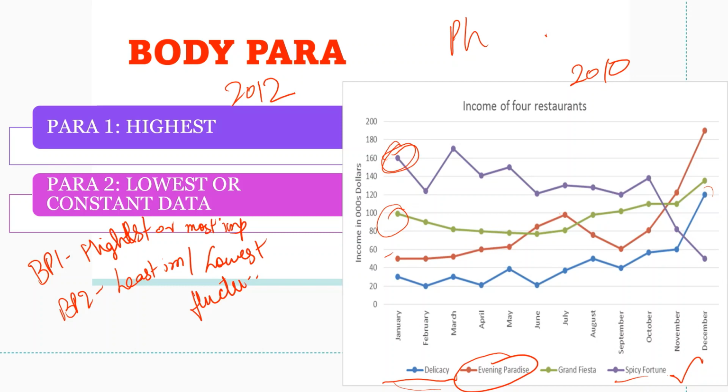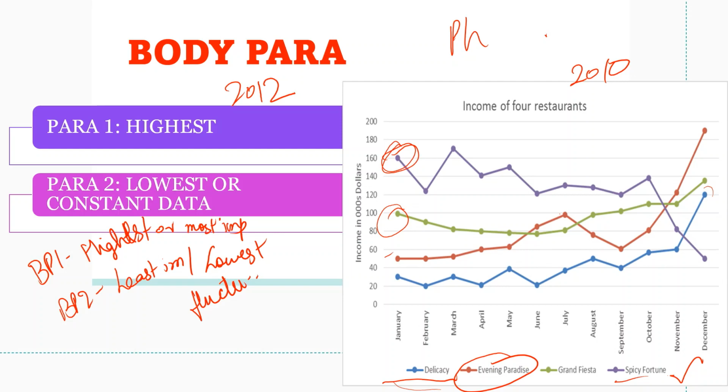It is correct, you will get marks, but if you want to get more than 7, if you want to show your comparative language, always compare in this way: spicy fortune in 2010 was 40, whereas in 2012 it plummeted even more and went to 10, something like that.